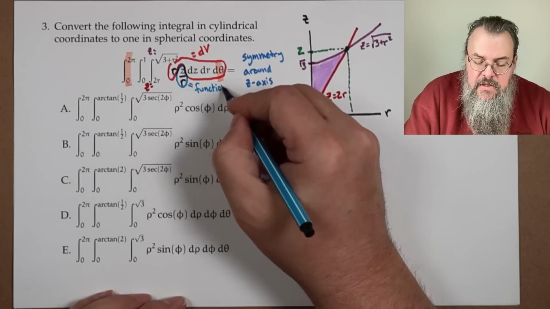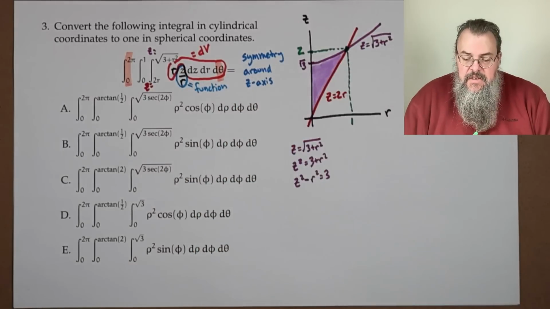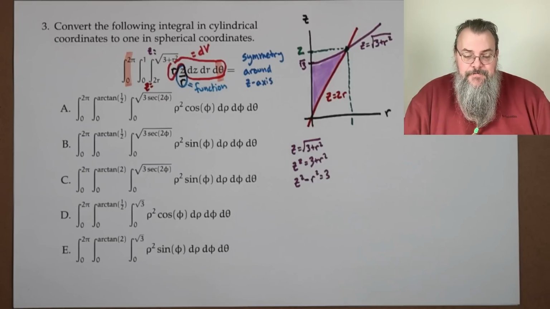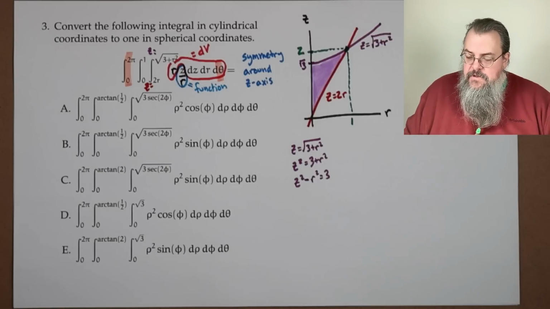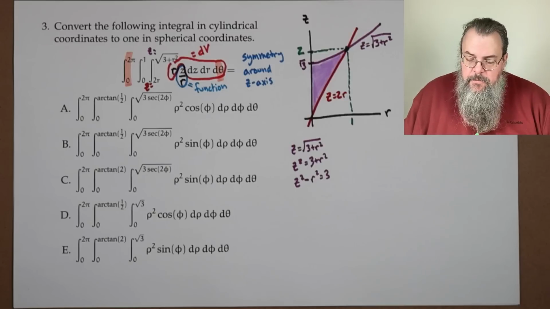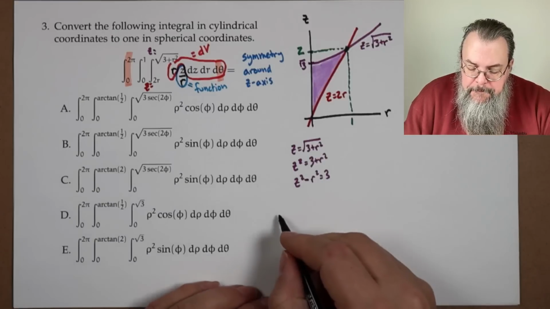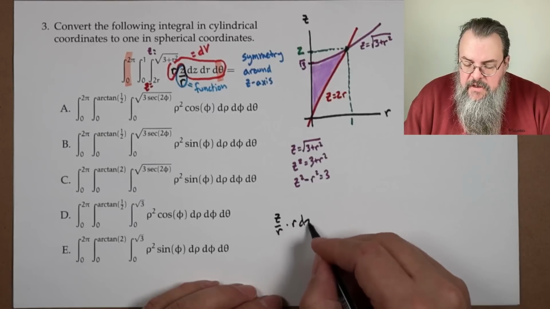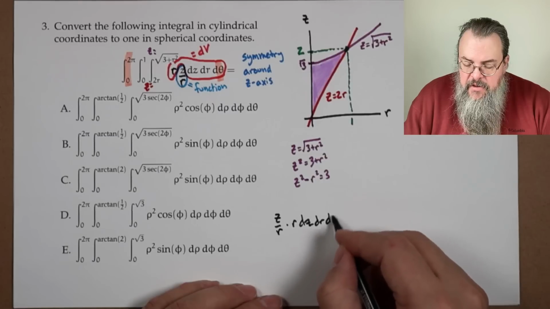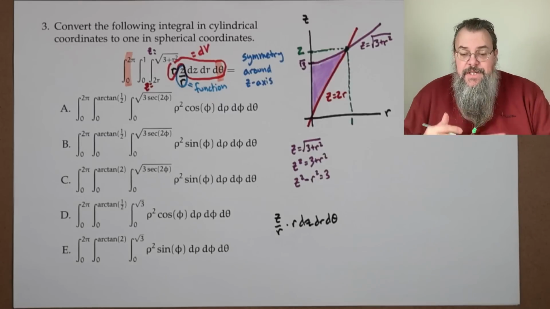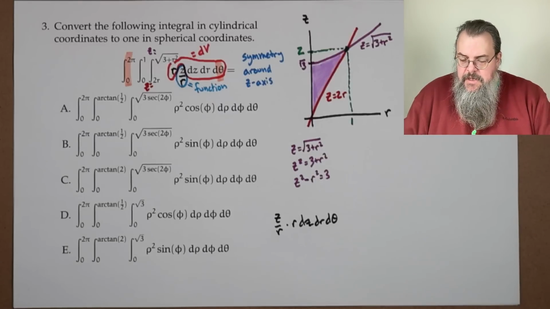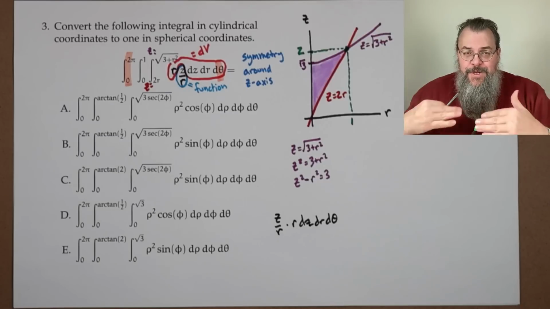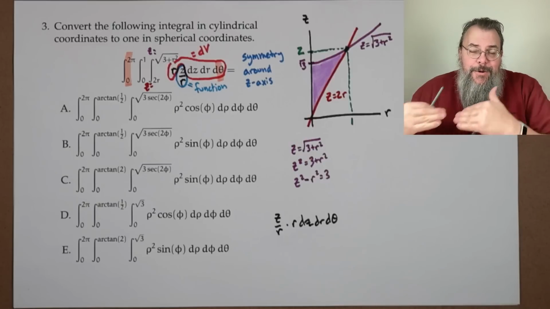And so now we just need to understand what this will translate into. Okay, so let's go ahead and work those two pieces out. So we have our z over r and our r dz dr d theta. So we need to convert into spherical coordinates. It looks like it will probably be helpful if we can figure out what to do with z and r.